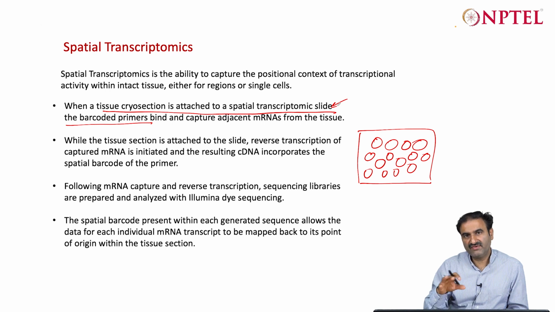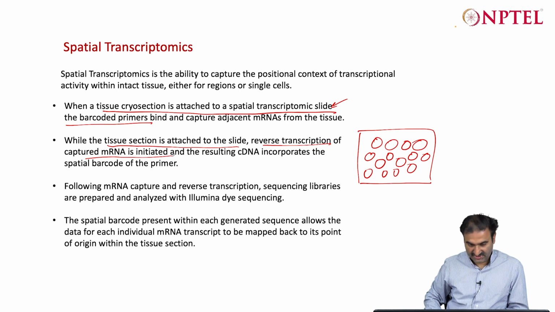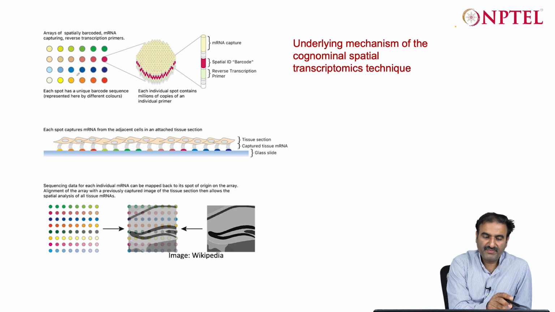So for each and every cell in that tissue, you can get the information. When the tissue section is attached to the slide, the reverse transcription of captured mRNA is initiated. This picture can explain better. This is an array of spatially barcoded mRNA capturing reverse transcription primers. So this is the array.